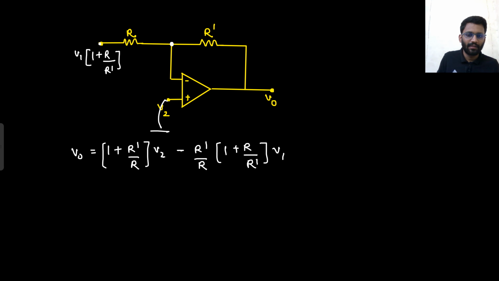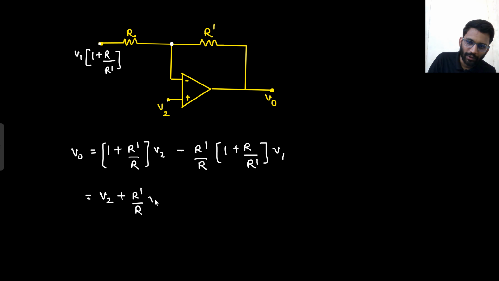That's it. Now I am thinking if I can reduce my final expression. V2 plus R dash by R into V2 minus R dash by R into V1 minus V1. Say yes or no. Because this is R dash by R into V1, and this R dash and R dash will get cancelled, R and R will get cancelled, minus V1.